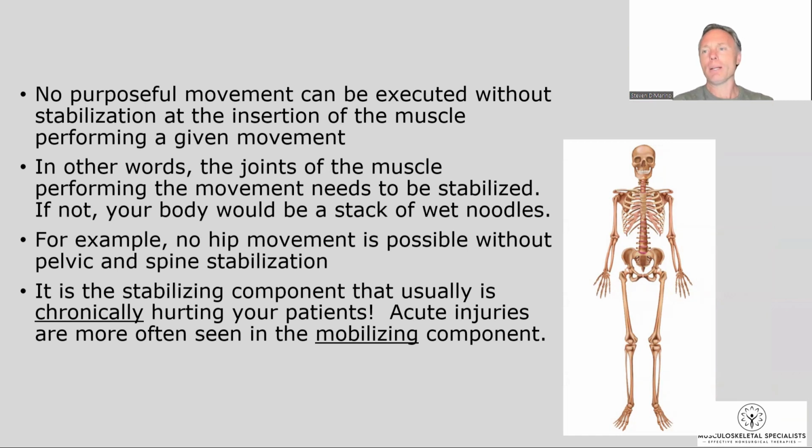People who have low back pain, their low back is not stable enough. And I said this before, but I want to say it again. You've got a mobile joint, an immobile joint, a mobile joint, an immobile joint, a mobile joint.